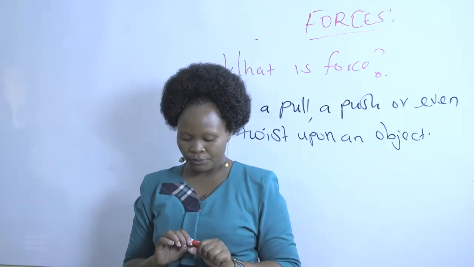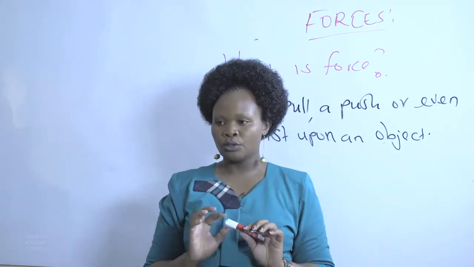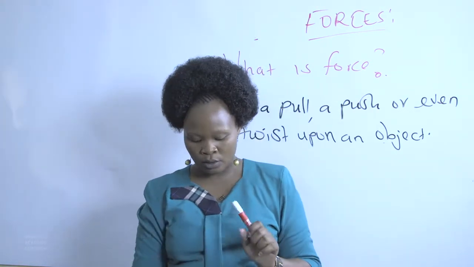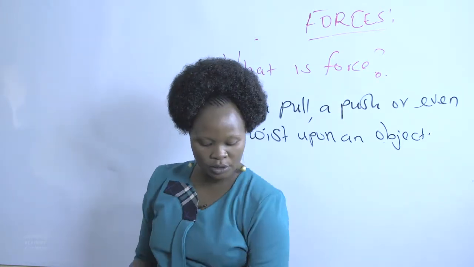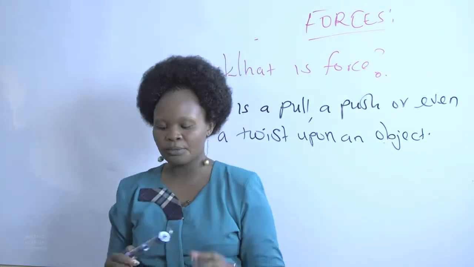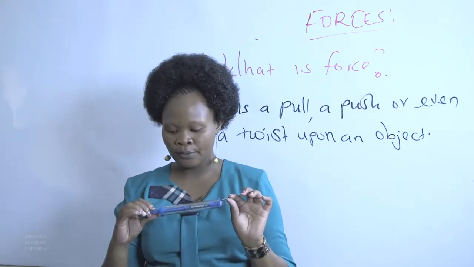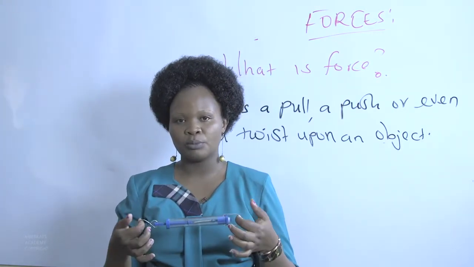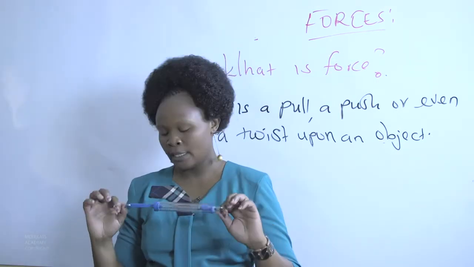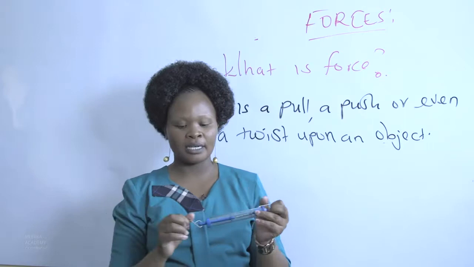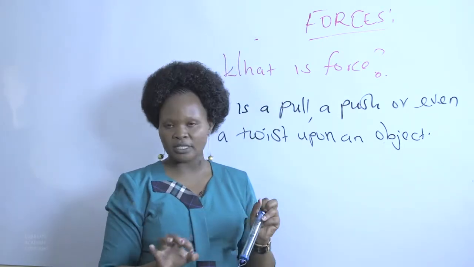Take, for example, you want to elongate this spring balance here. You need to pull it like that, so that the length can be elongated.